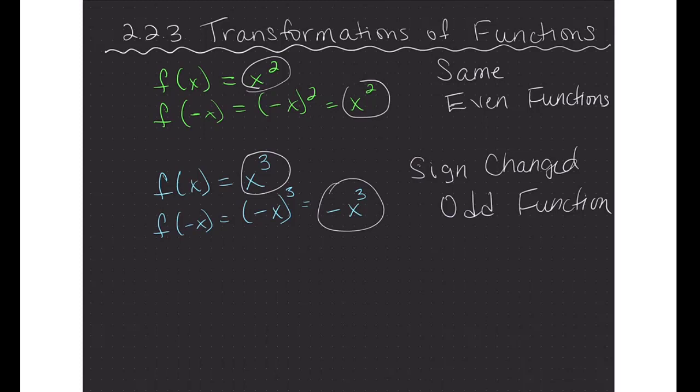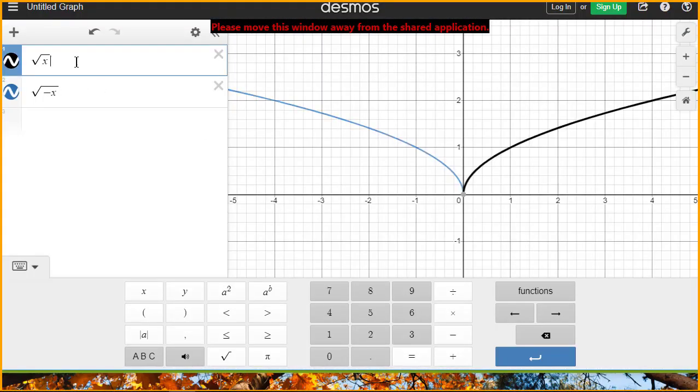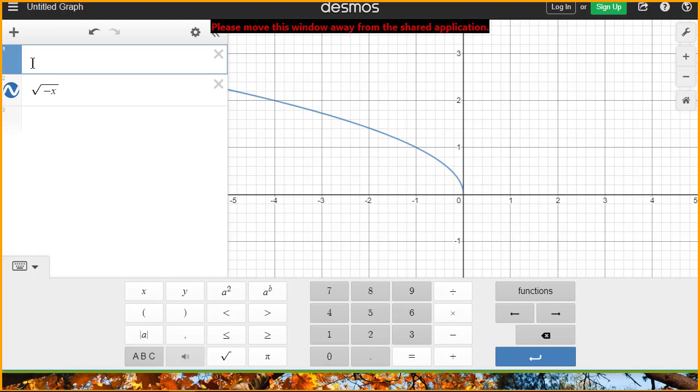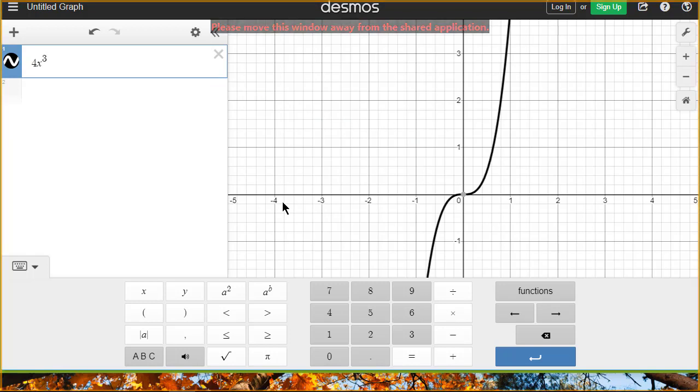And when we actually look at graphs of these, we know that this one's going to be odd.